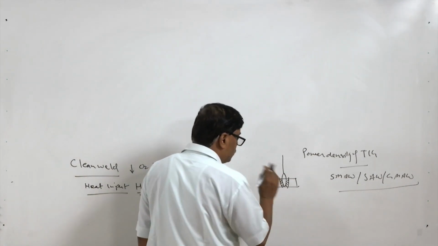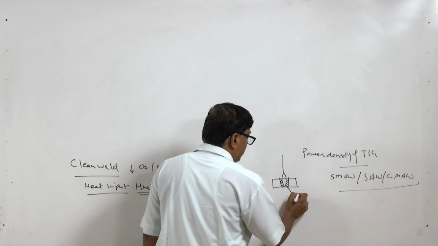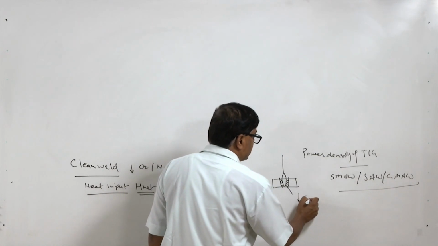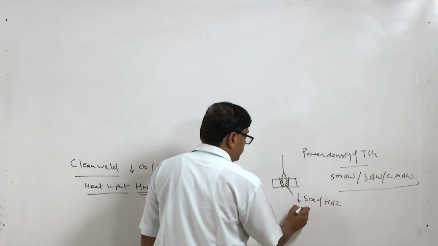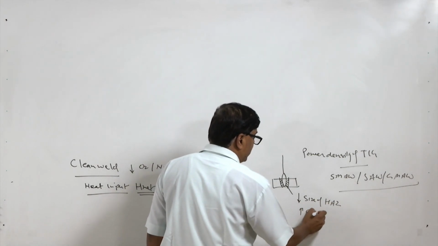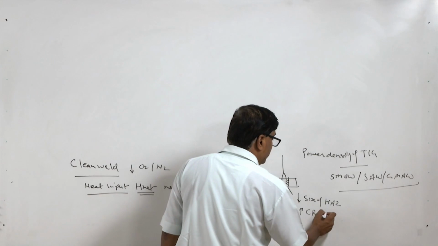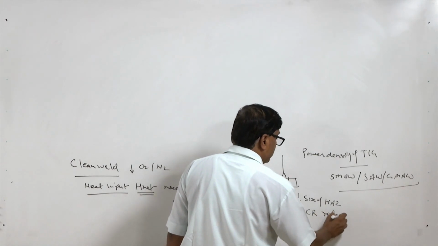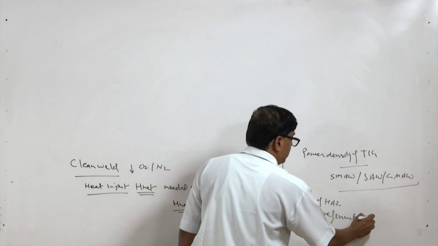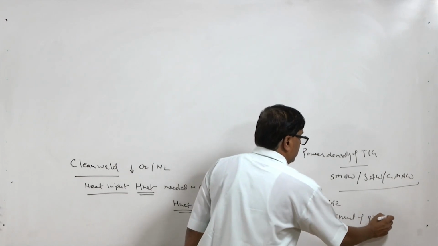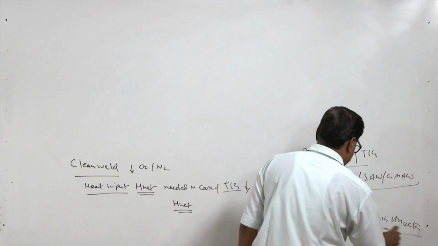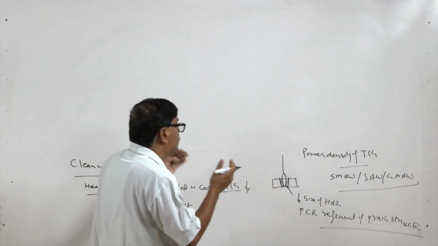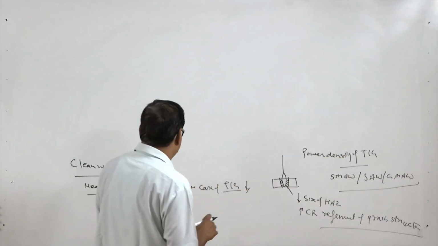So, these two combinations, reduced size of the heat affected zone and increased cooling rate, lead to the refinement of the grain structure in the weld. These two features result in the much improved quality of the weld joint.